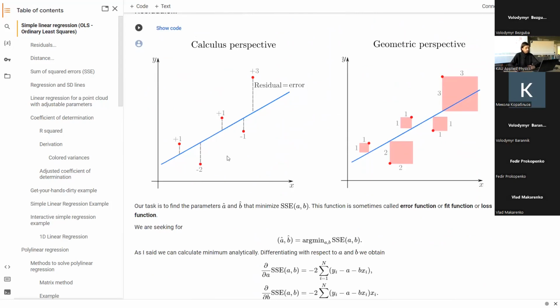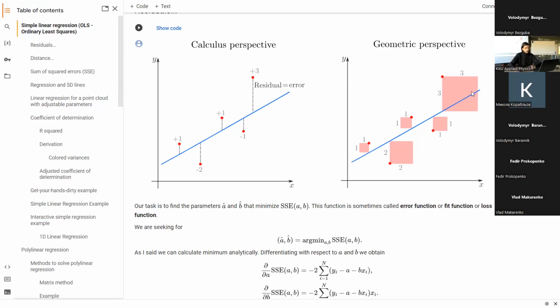So here you see an example of how that looks in a geometrical sense. You have a line, you have some points, and you are calculating the distance from these points to the line.